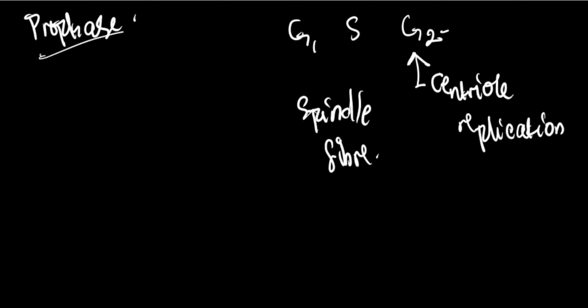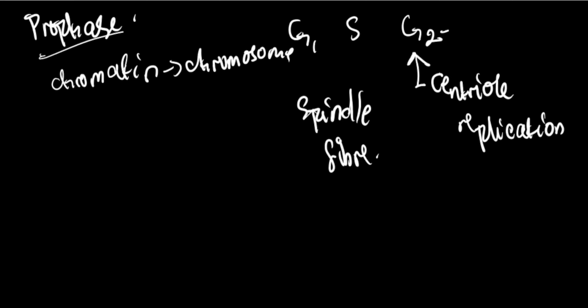So in the prophase, we have these chromatins, which we initially had as chromatin granules, condensing. Okay, so they condense into chromosomes. So we have from chromatin granules to chromosomes. Now we have these chromosomes being made of two sister chromatids.